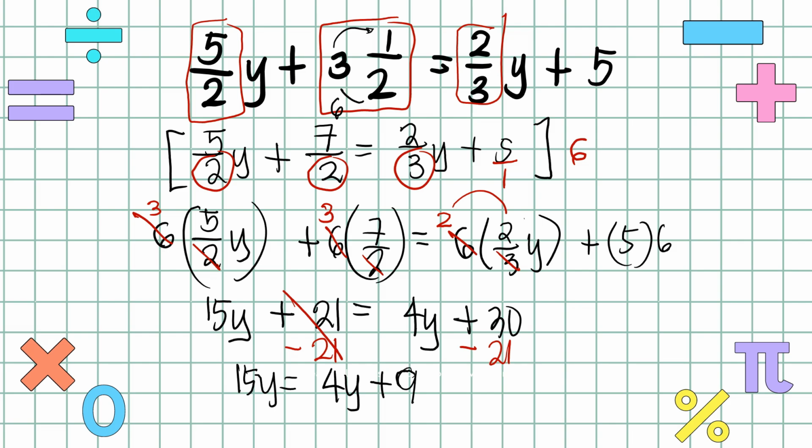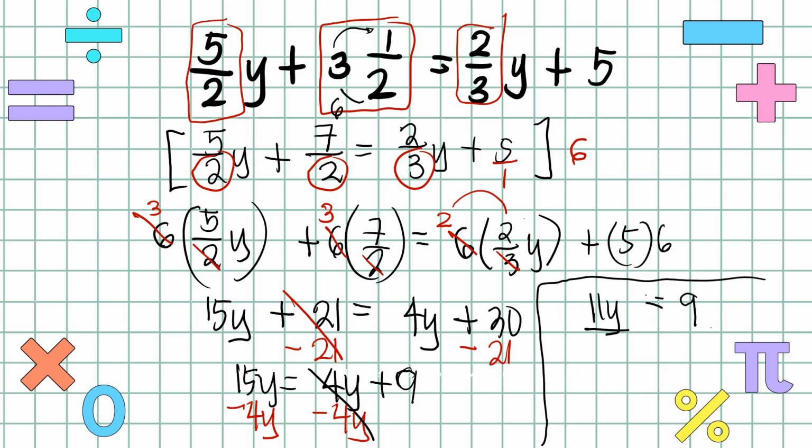Now for the next step, let's remove the 4y here. 15y minus 4y, that's 11y. And this will be cancelled. We're left with 9. So lastly, we divide by 11. So y must be equal to 9 over 11 so that our equation will become true.